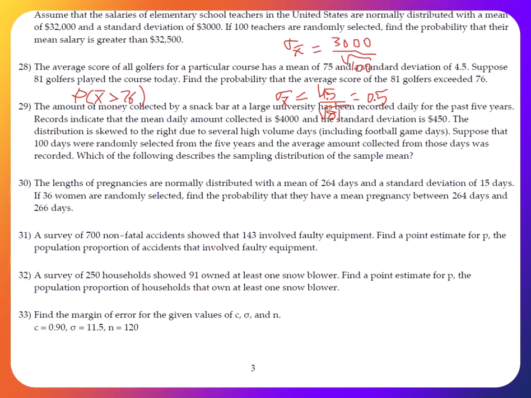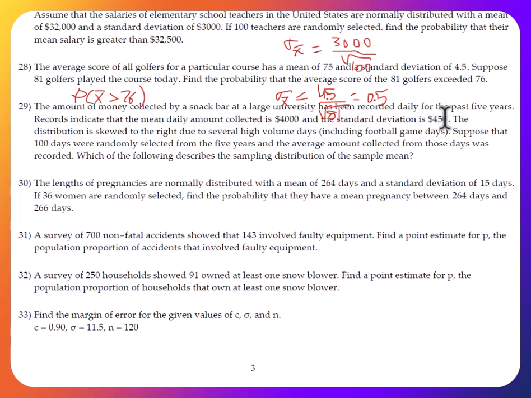So he's asking us to describe the sampling distribution of the sample means. The original population is not normal, but the sample size is more than 30, it's high. So you can assume that the distribution of the sample means is going to look bell-shaped, it's going to be normal. The mean will be the same as the original mean, which is 4,000, but the standard deviation, guys, will not be 450.